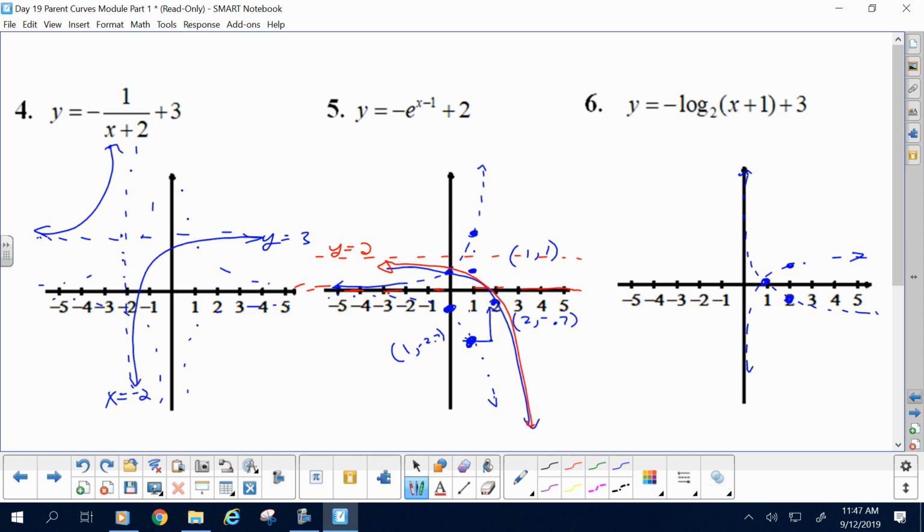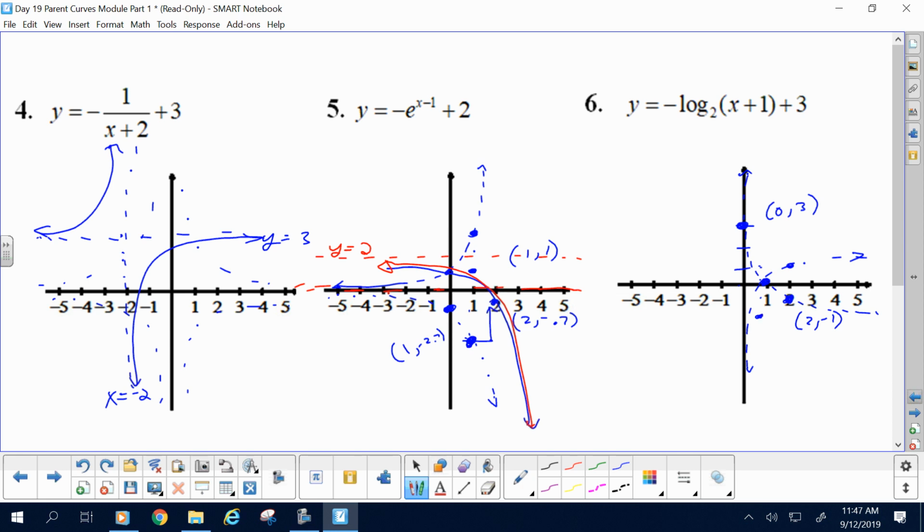Left 1, up 3. So if you take that 1, 0 point and go left 1, up 3, where is it? 0, 3. And if you take this point, which was 2, negative 1, and go left 1, that puts it at 1, negative 1.